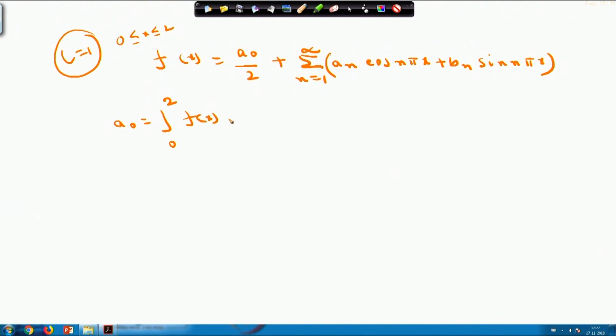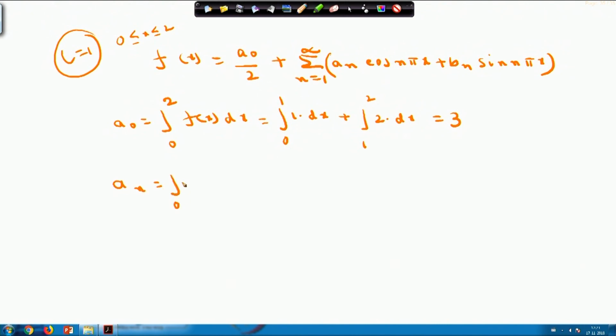f x dx, and the function is 1 in 0 to 1 and 2 in 1 to 2. So, I have to break it into two parts: 0 to 1 where f x is 1, plus 1 to 2 where it is 2. If you evaluate the value, you will obtain that this equals 3.